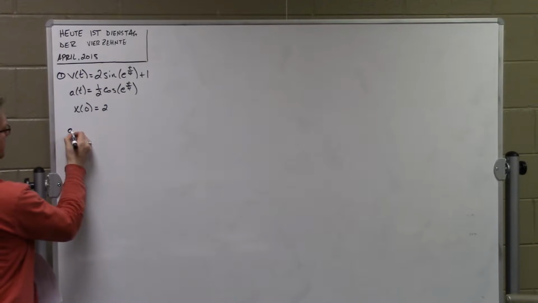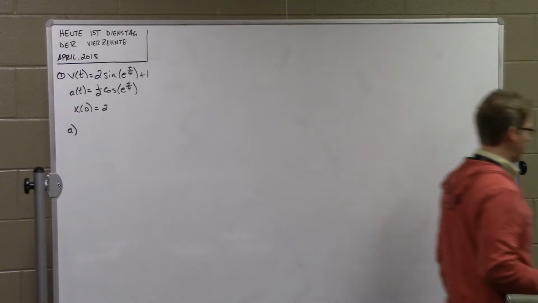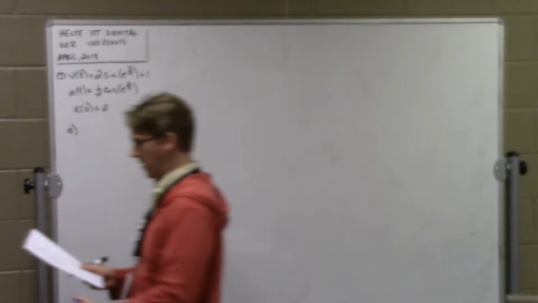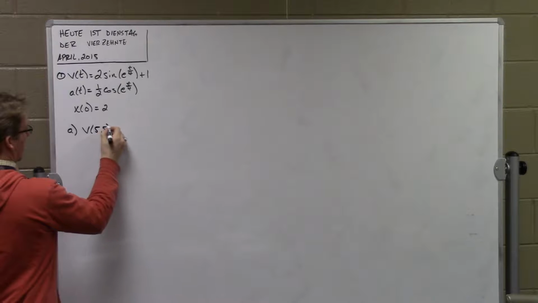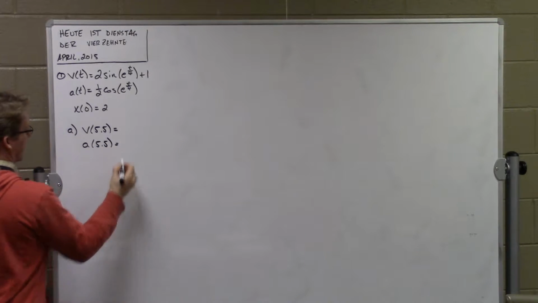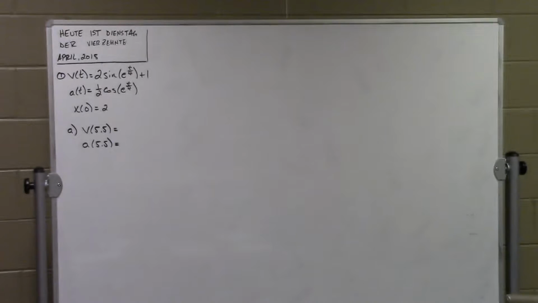All right, part A. Is the speed of the particle increasing or decreasing at time 5.5? Increasing. Please justify that. The velocity at 5.5 is negative, and the acceleration at 5.5 is negative, meaning you will be increasing. Very good. That is exactly how I would have tackled this. Before I put pencil to paper, I would have said, okay, I need the velocity, I need the acceleration, and I need to know their signs.